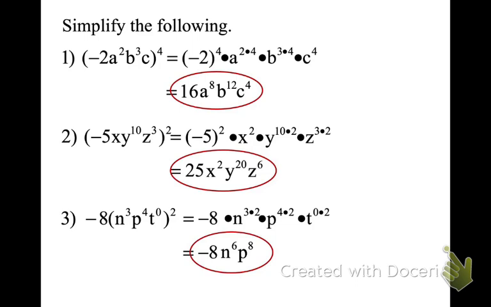T to the 0 is equal to 1. So we don't need to write times 1. We just leave it off because it's going to be the same thing. So it's really negative 8 n to the 6th, p to the 8th, okay? So this right here equals this. Anything to the 0 power.